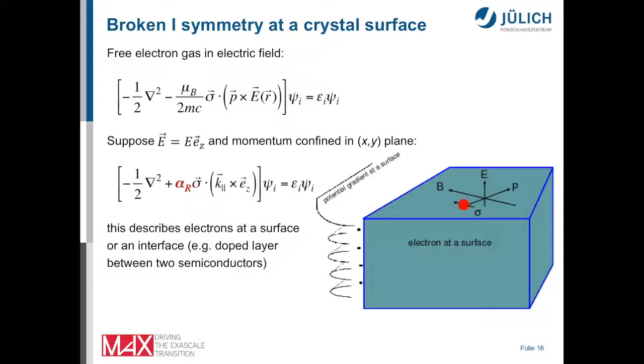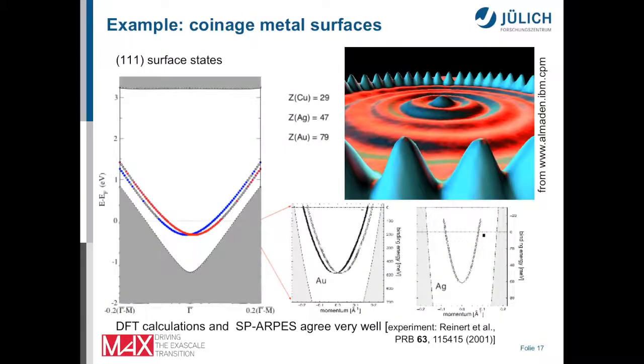And you can solve this, and you can observe that in a real crystal, a splitting of the surface states due to this broken inversion symmetry at the surface occurs. For example, in transition metals, copper, silver, gold, we had already before.